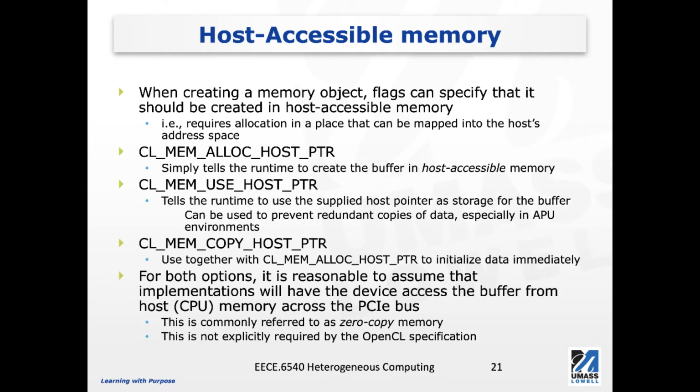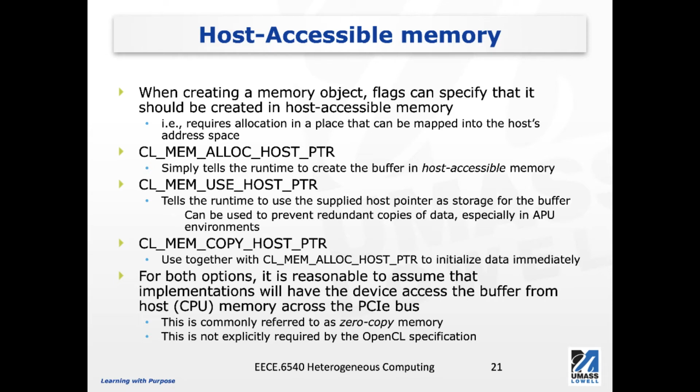For both the allocate host pointer and the use host pointer, it is reasonable to assume that the implementations will have the device access the buffer from the host memory across the PCIe bus. This is very common, especially to improve the memory performance by using the so-called zero copy method.